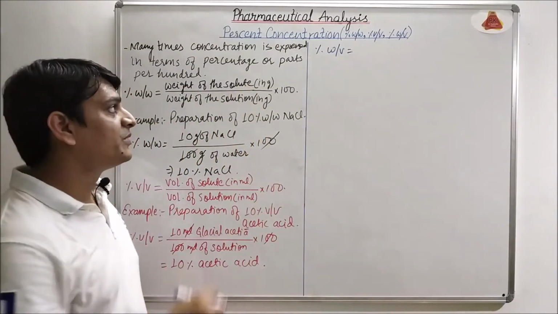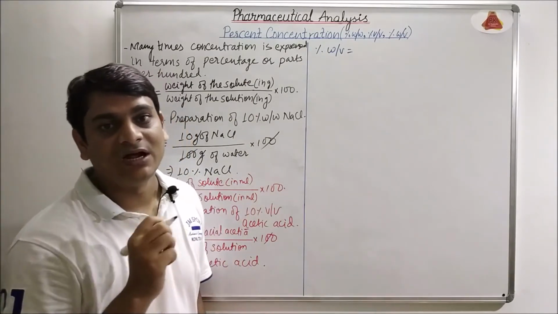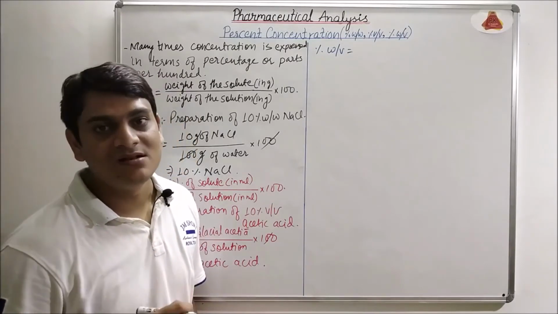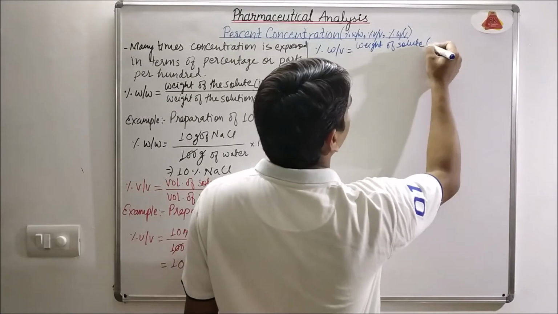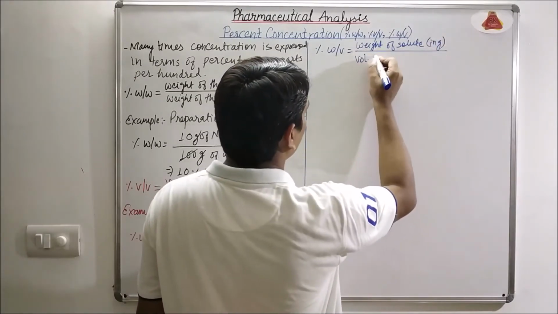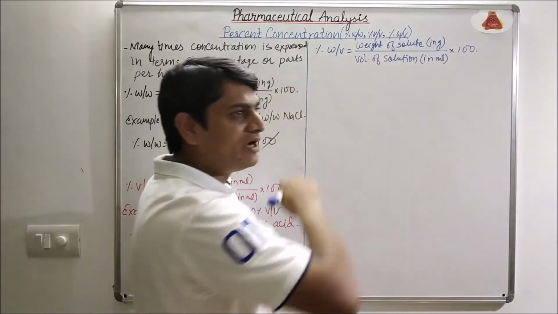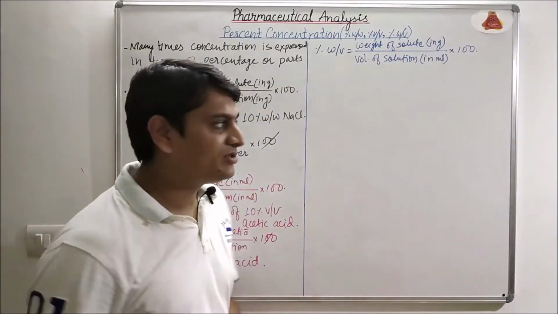The formula for percent weight by volume is equal to weight of solute in gram divided by volume of solution in ml into 100. Here also I am taking one example: how will you prepare 10% NaOH solution.